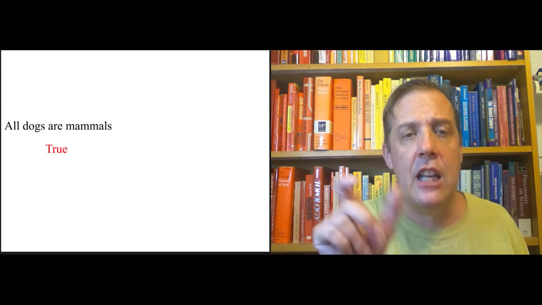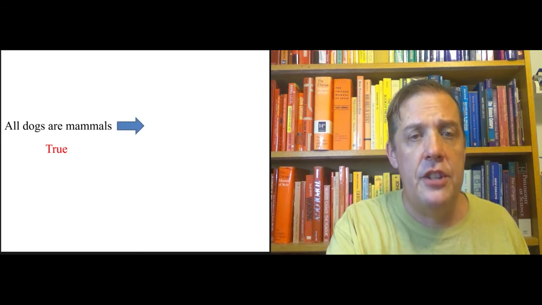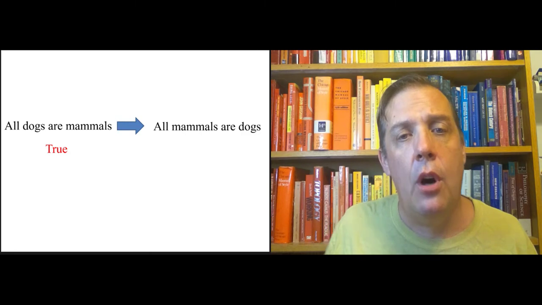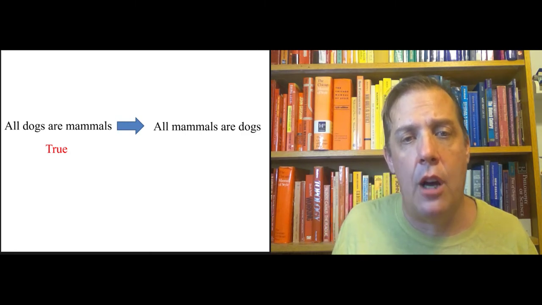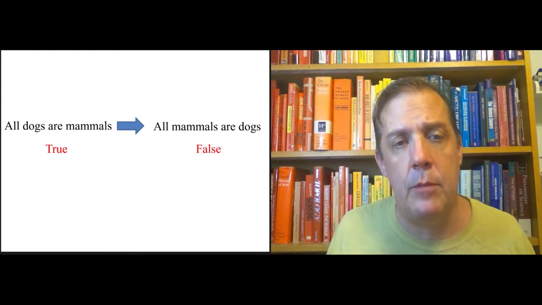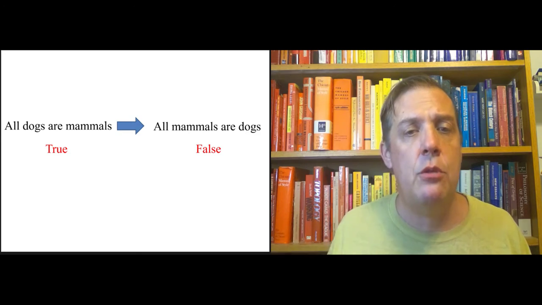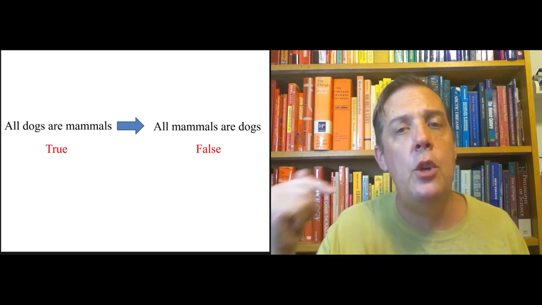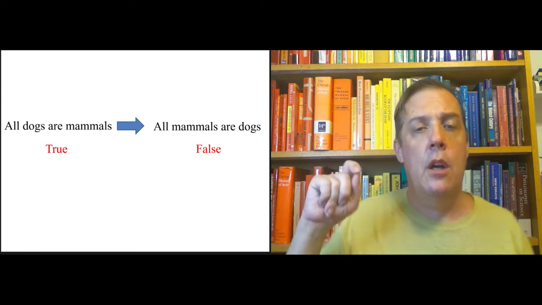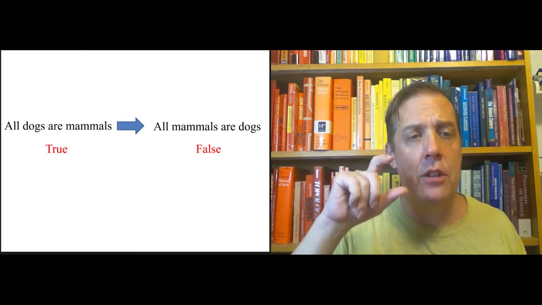If you take the converse of it, if you use conversion, this statement becomes all mammals are dogs. Now notice what happens here. This is a false statement. So conversion has changed a true statement to a false statement when you are using A statements, that is, statements in the mood A.